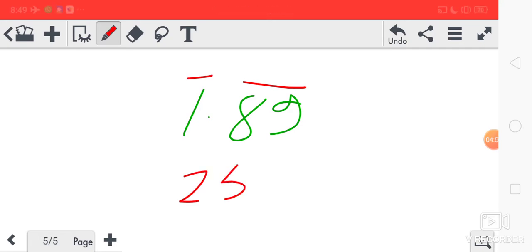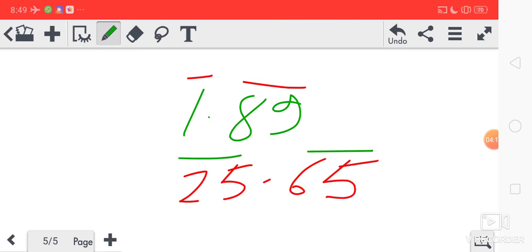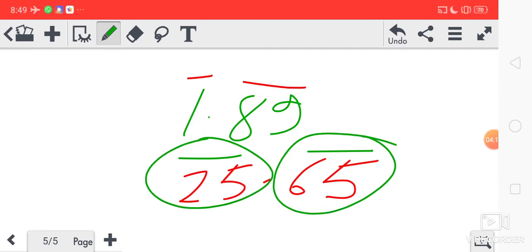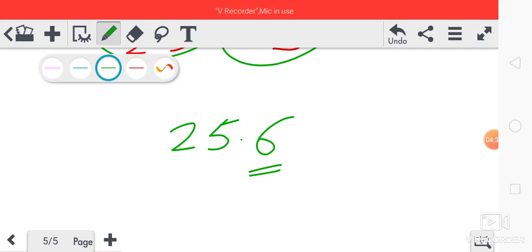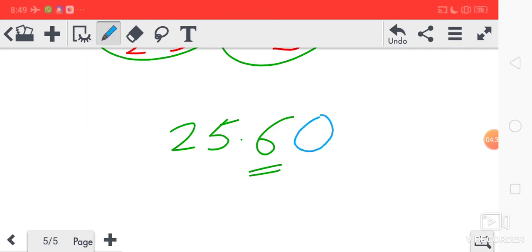Suppose 25.65 is there, then we take two digits on the right side, and again after the decimal two digits. We always have to take in pairs of 2. Now suppose there is 25.6, only 6 after the decimal, only one digit. So we take one extra 0 here. Got it? Then we can take it in pairs, and this is already a pair of 2 digits.